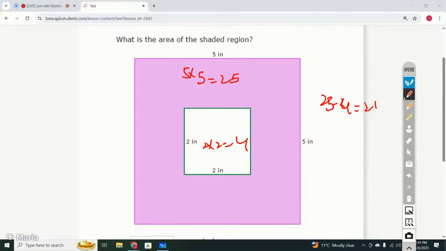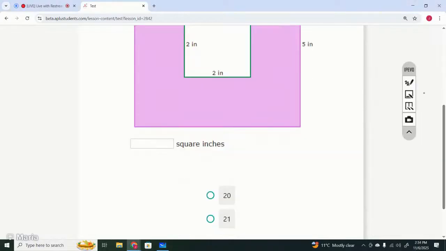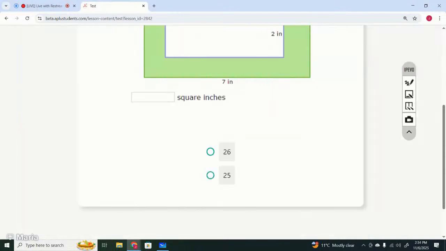So that would be, the area is 21 square inches. Option number 2 is the correct option.